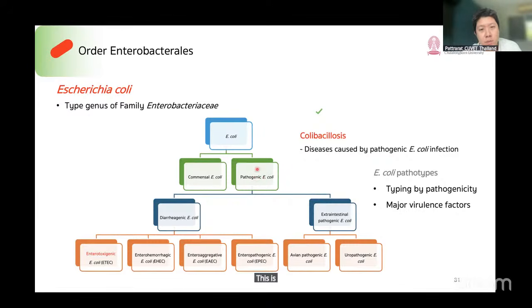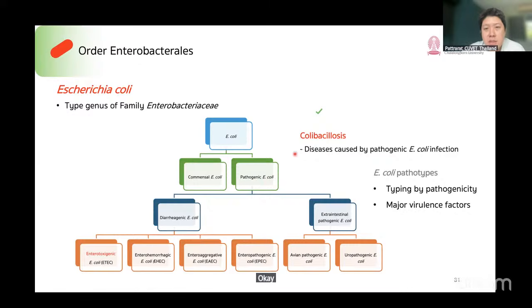This is a group of pathogenic E. coli, meaning they have virulence factors that promote their pathogenicity.